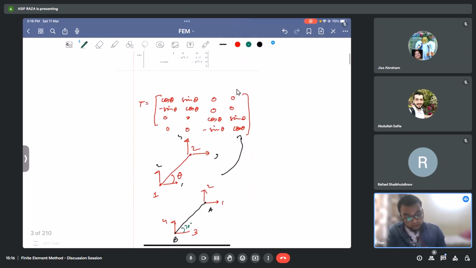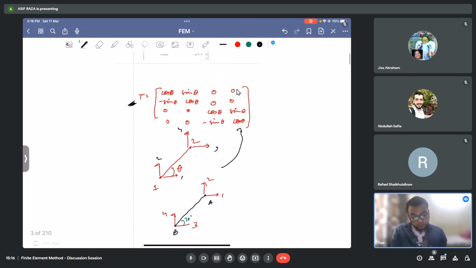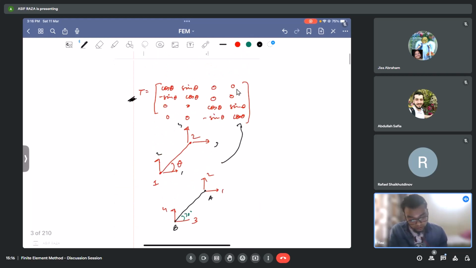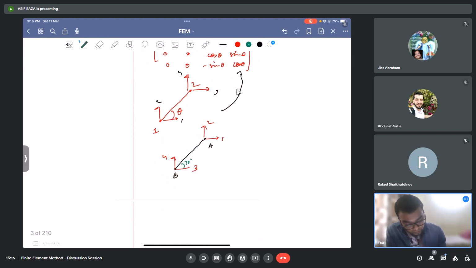So if you want to use the same transformation matrix, we need to identify what our theta will be first of all. With this aspect, our theta would be like our first 1 2 3 4. Here the theta was taken from the 1 to the member.